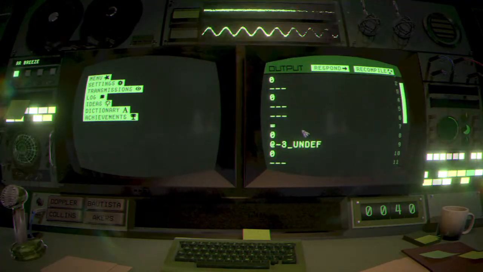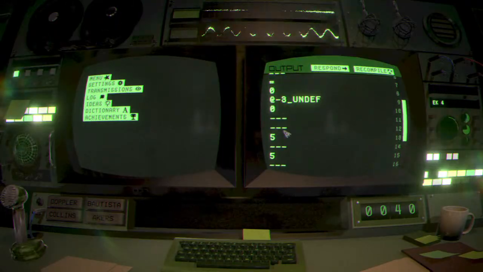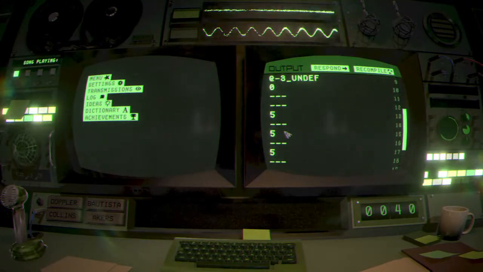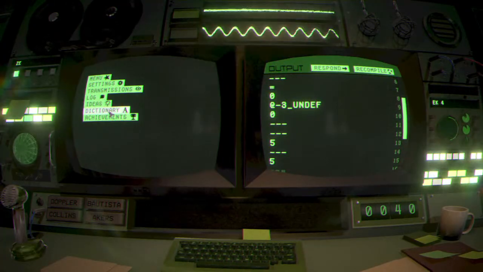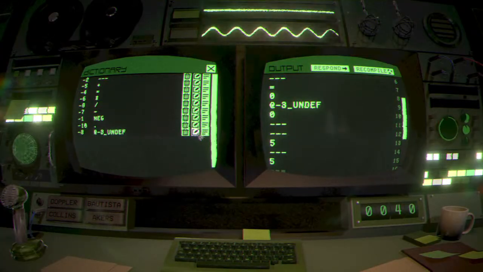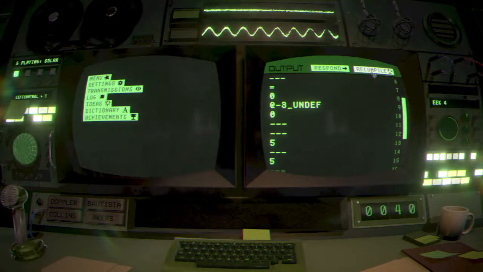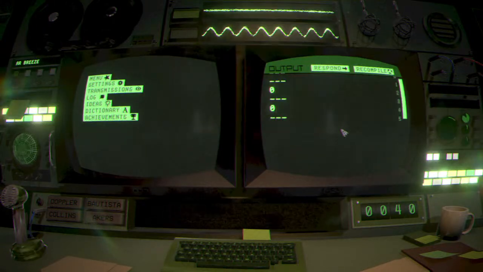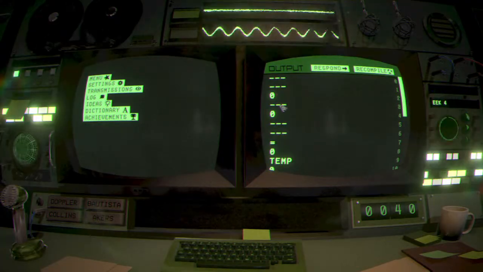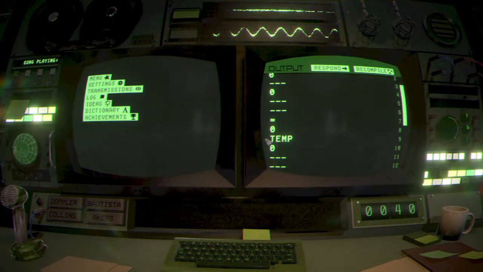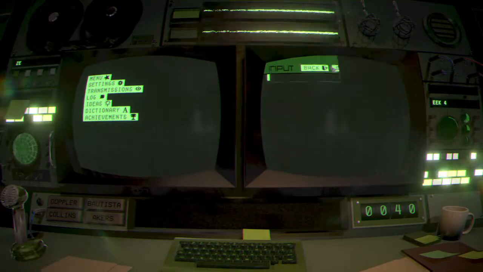No. 2 zeros equals this and this. 3 5s equals... Well, I have to assign something to this then. So let's just put temp. Because I don't know what else to call it, but I feel like I replaced the dash with temp. So it's gonna be 5, temp 5, temp 5.